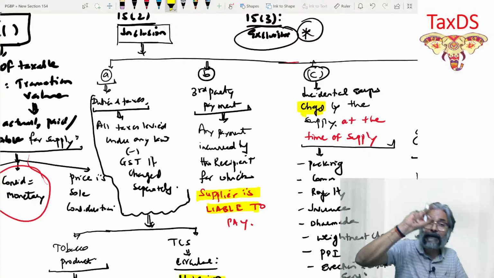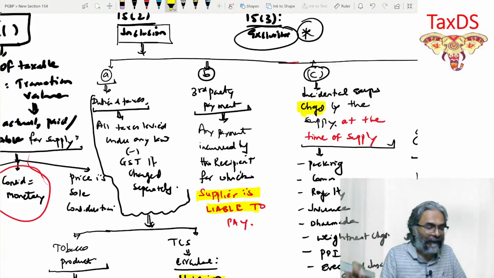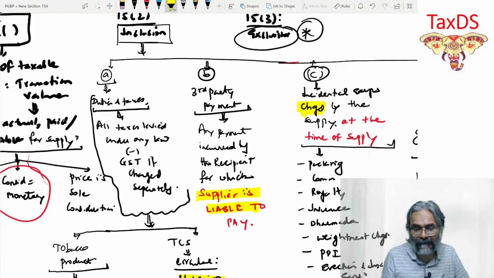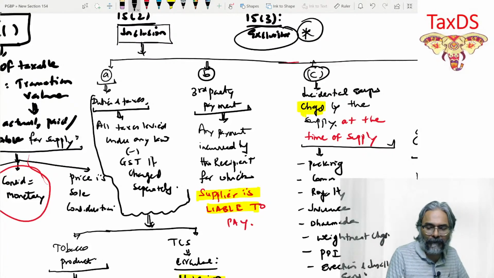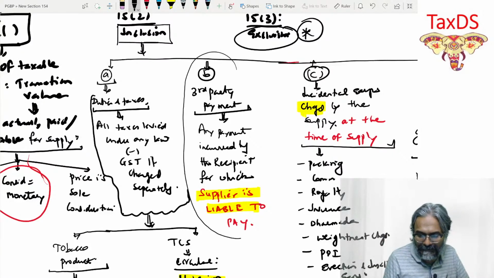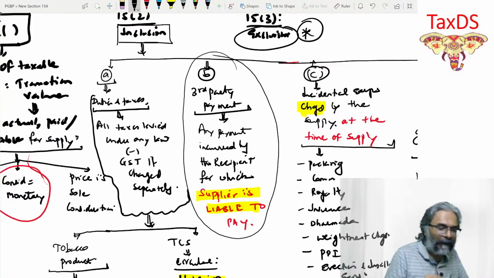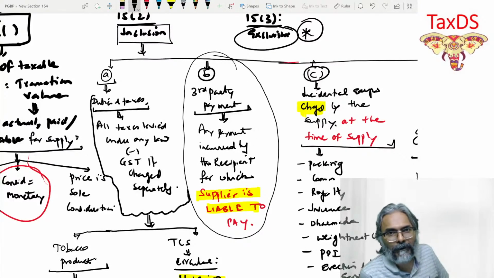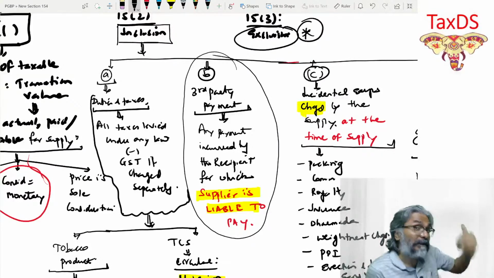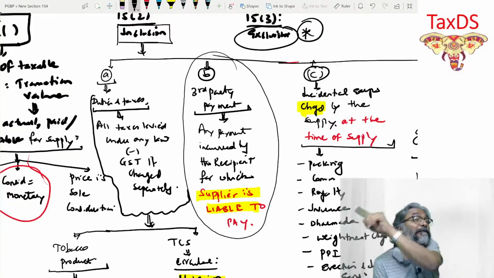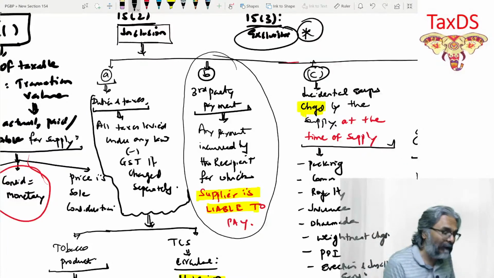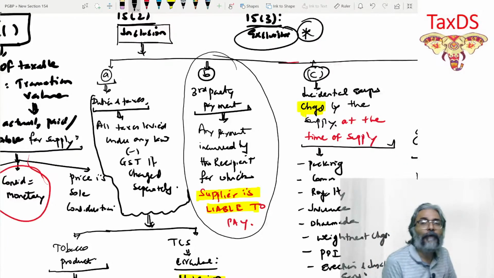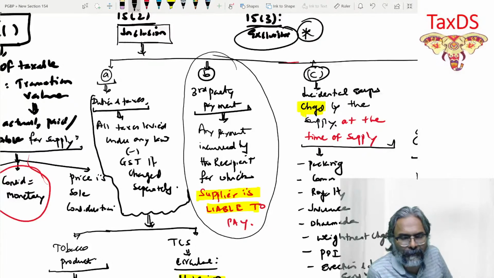If this combination, students, is satisfied, then we will say that because of this third party payment, since the supplier was liable to pay but the recipient has incurred those expenditures, hence this will be added to the transaction value.